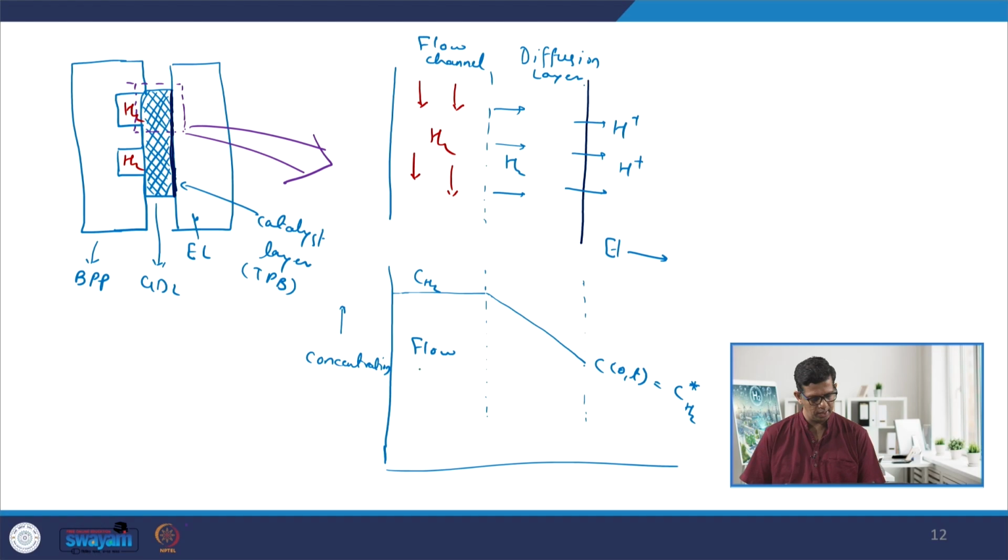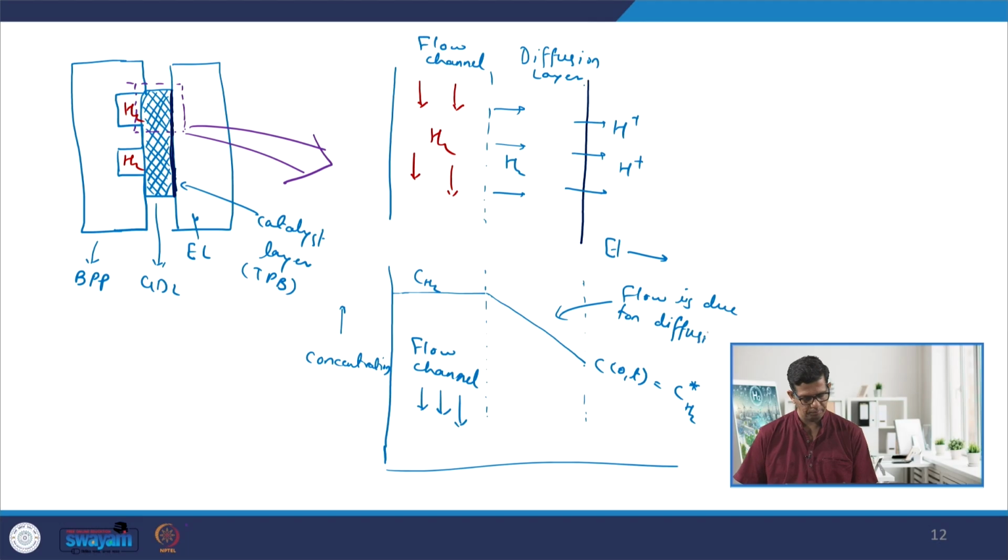Same is the case. Let me complete this. This is your flow channel, and this is the flow, and then we have this is the electrolyte, this is the flow. Let me write here, this flow in is due to diffusion. Since hydrogen diffuses through this diffusion layer, the mode of travel of this hydrogen gas is through diffusion, and this is what is called the diffusion layer.